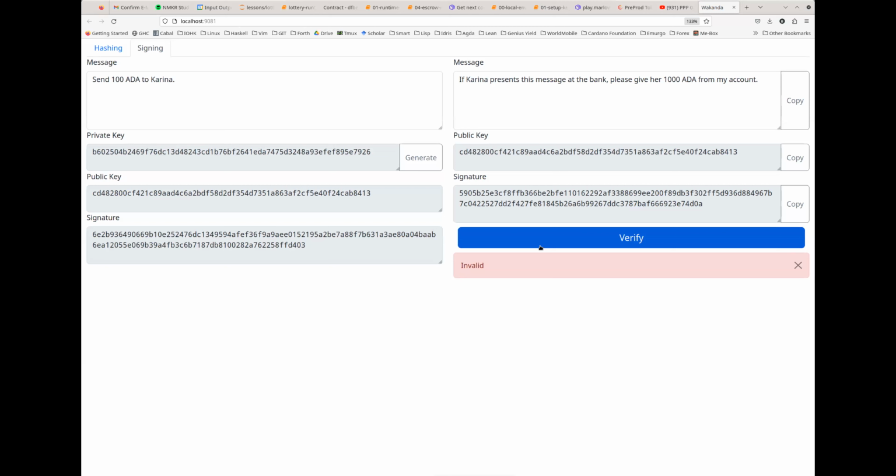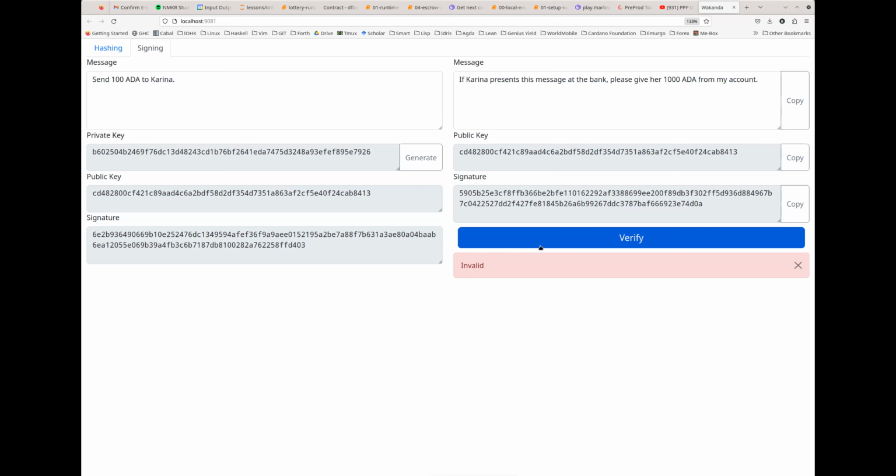If I now want to send 100 Ether to Karina, then the accounts would be updated. The 100 would be subtracted from my balance, and 100 would be added to Karina's balance, and that's it. Exactly as a bank would work. So you basically have global state, the balance of every account, and the transfer just adjusts those balances.